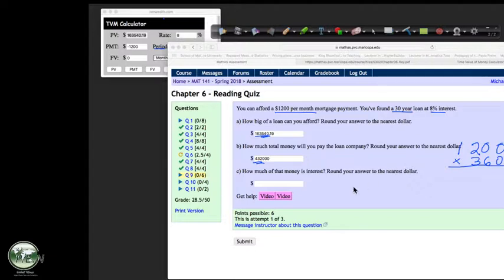Oh my goodness, we paid back $268,459.81 in interest. A lot of money. That's about 3 times what we borrowed, pretty close to it.